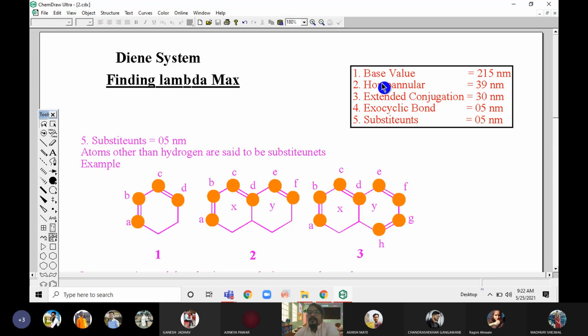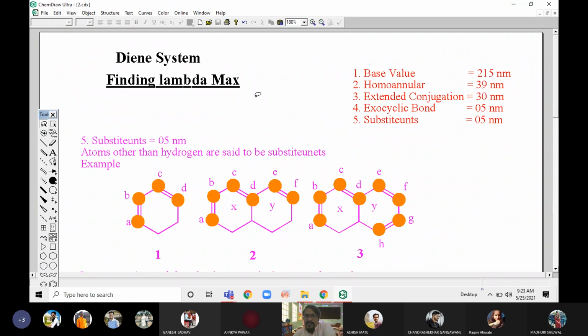It might get confusing whether extended is 30 or 39, or whether homoannular is 39 or 30. The homoannular comes first. Why? Because homoannular means 2 double bonds in one ring, and it has the highest value over here.